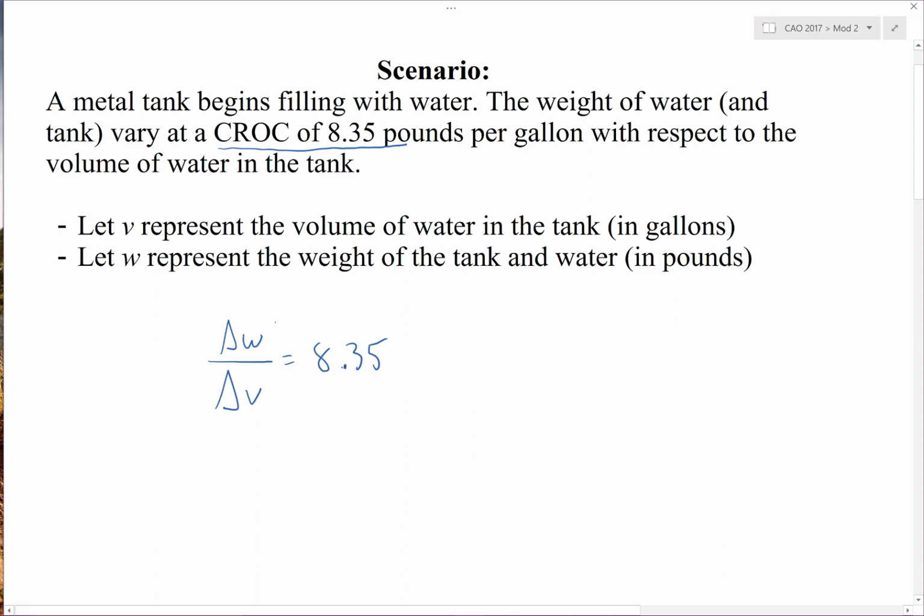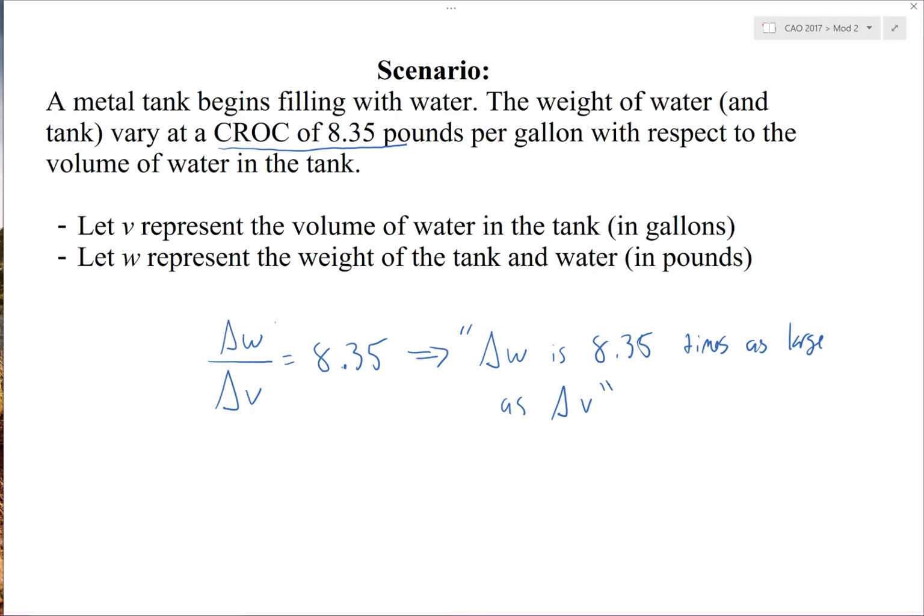Now, this ratio being equal to 8.35 tells us literally that the change in weight of tank and water in pounds is 8.35 times as large as the corresponding change in volume of water in the tank.